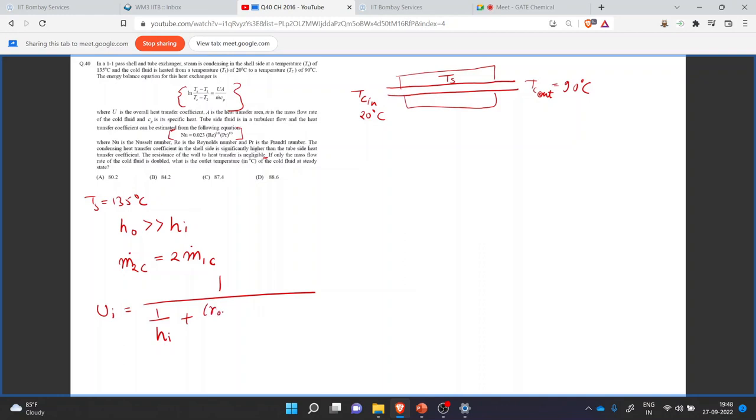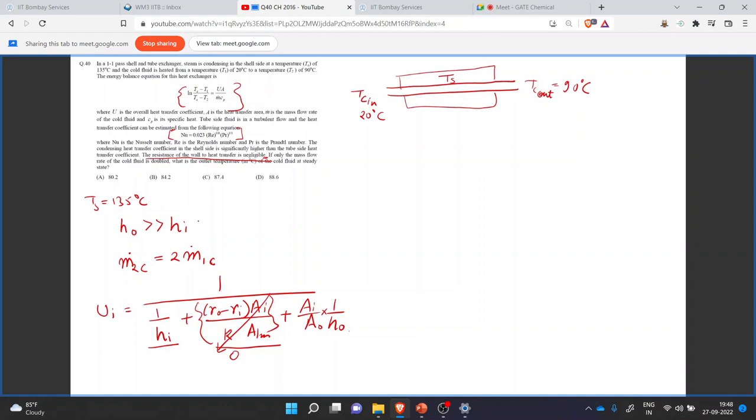Similarly, this will be my conduction resistance of the wall, that is Ai upon A_LM, plus Ai upon Ao into 1 upon ho. So this is my convection resistance, this is my conduction resistance of the wall, and we have been given in the question that the resistance of the wall to heat transfer is negligible. So this entire term is negligible, so let's just consider it as 0.